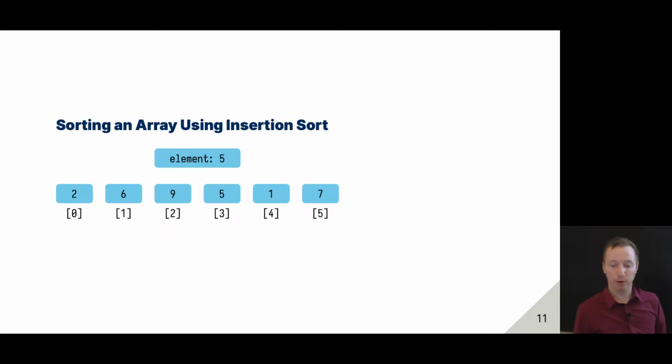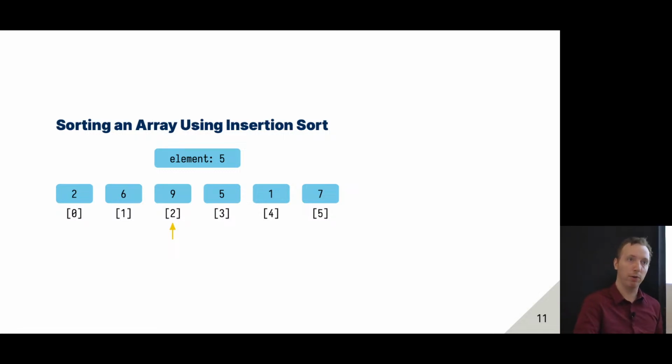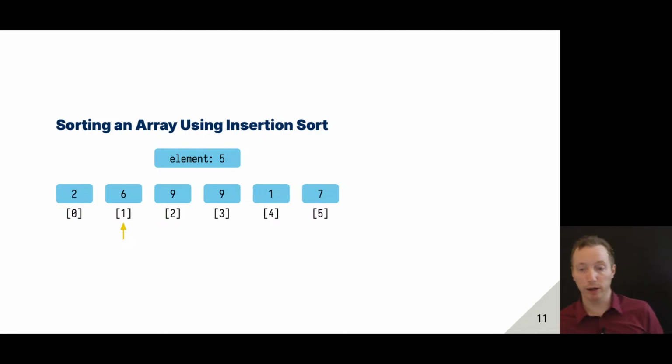Now I have to figure out where element 5 goes. Okay, well, I compare 5 to index 2, which is currently 9. 9 is greater than 5, so I need to shift it over to make room for my 5. So I would copy it over to index 3. Then I look at the next index, index 1.